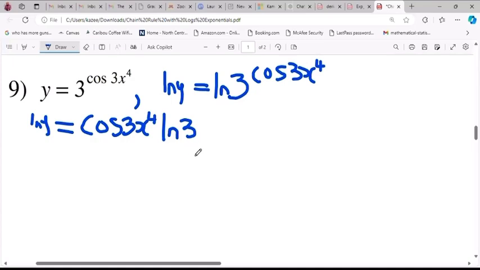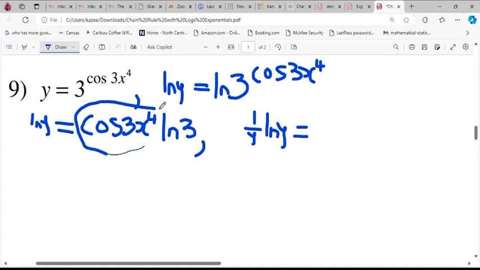Now I'm going to do something else. Differentiating ln y is going to be 1 over y, dy/dx. Equal, I want to differentiate this guy now. So I'm going to focus on differentiating this guy. If you want to differentiate this, don't forget you differentiate what you have in front of this cos, which is going to be 12x raised to the power 3.